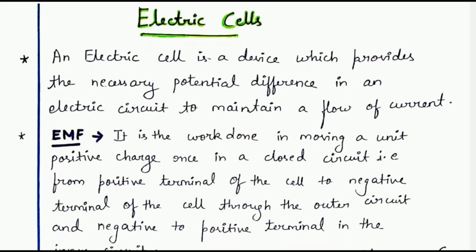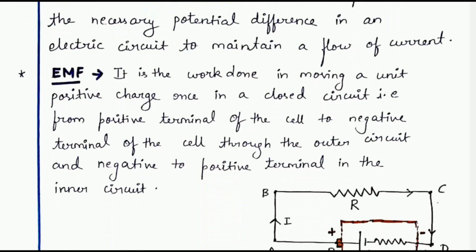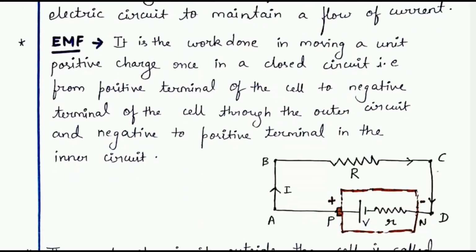Before we proceed further, we should know something about the EMF of a cell. EMF stands for electromotive force, and it is denoted using the symbol capital E. It is the work done in moving a unit positive charge in a closed circuit once.